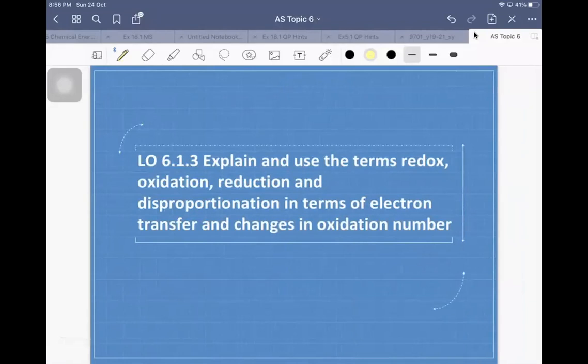Next, we're going to explain and use the terms redox, oxidation, reduction, and disproportionation in terms of electron transfer and changes in oxidation number. I am sure you have all come across redox at O level, and learned terms like OIL RIG: oxidation is loss, reduction is gain. You also learned oxidation in terms of losing or gaining oxygen or hydrogen.